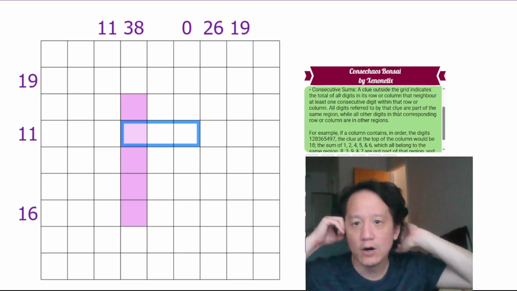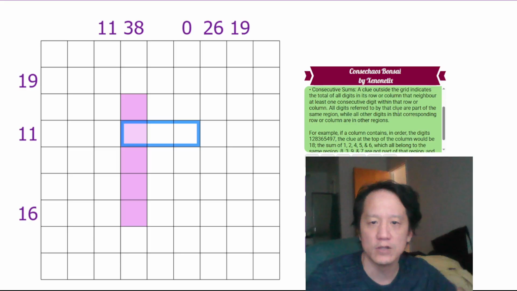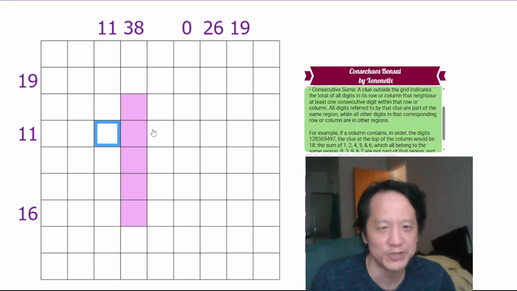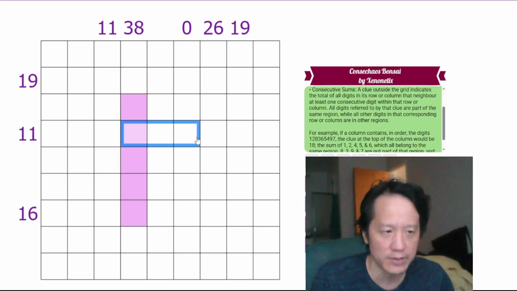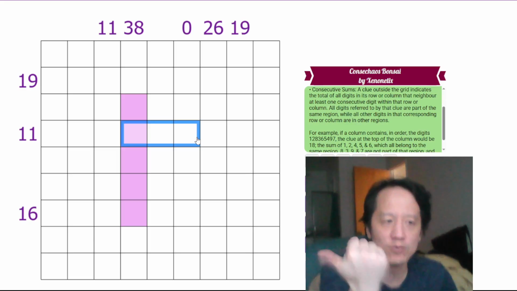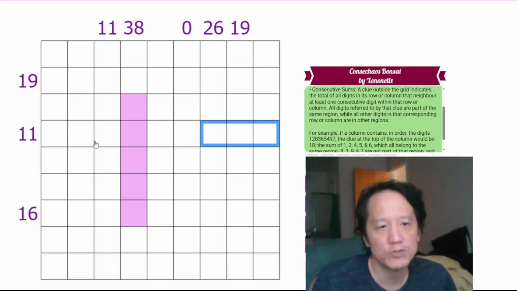Yeah, right. At least 1 consecutive digit within that row or column. So that neighbor at least one consecutive digit. Okay, so that means if you have 3, you have to have 1 in between the other 2, because otherwise if you try to have 2 and 1, this 1 is not consecutive with anything else around it, so that doesn't work. So it has to be 3 altogether, which means it has to be a run of 3 digits. And 2, 4, 5 does not work. So it must be 2 digits here, somewhere, which add up to 11.